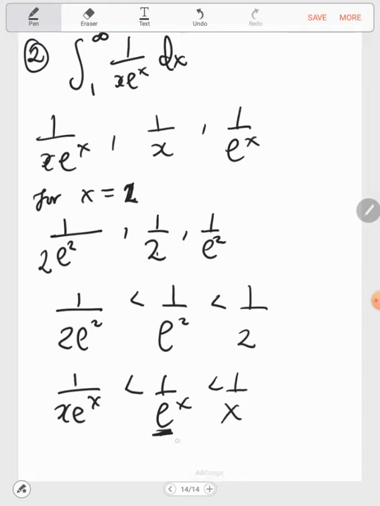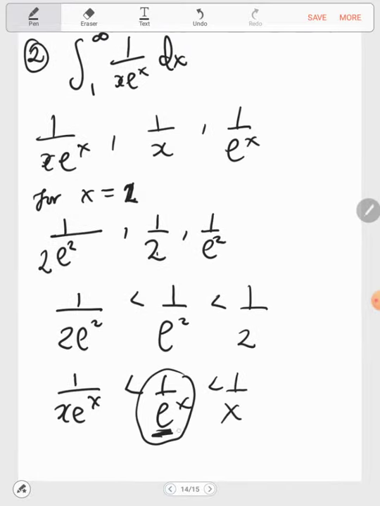So let's check the convergence of this function. It is very important for us to check the immediate one. For divergence, we're saying that if the smaller function diverges, then even the bigger function will diverge. But since our function is the smallest, we have to look at whether this function converges.